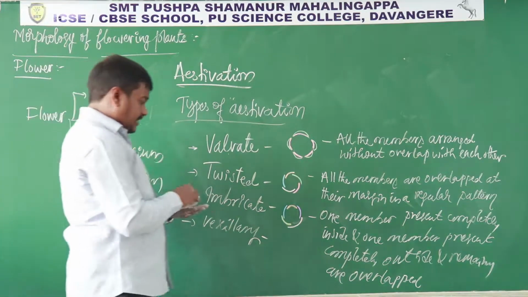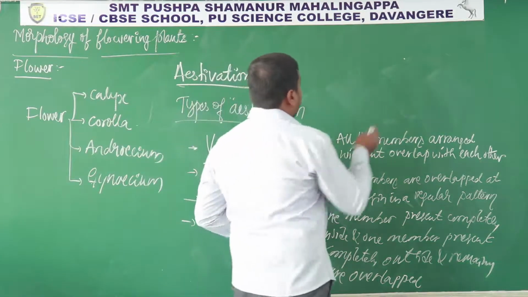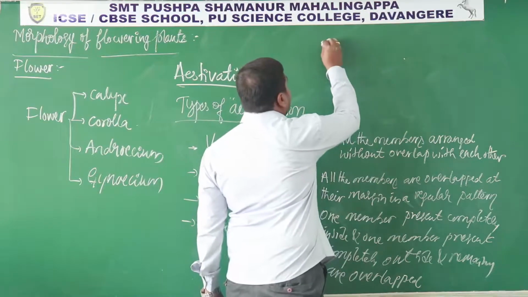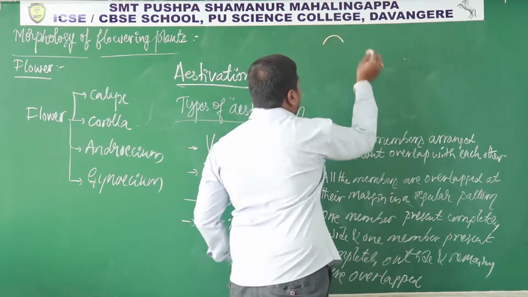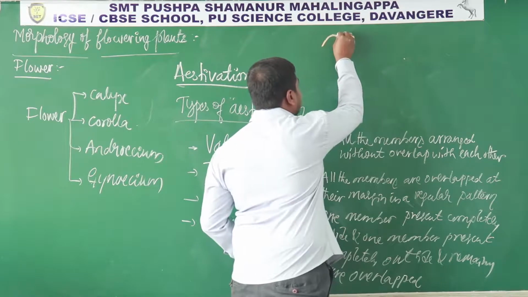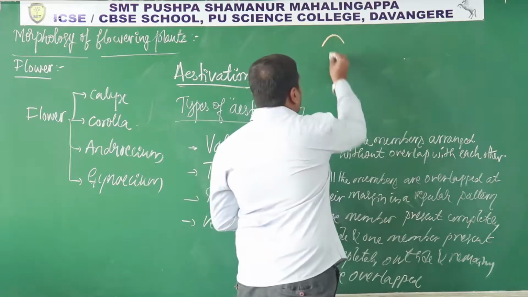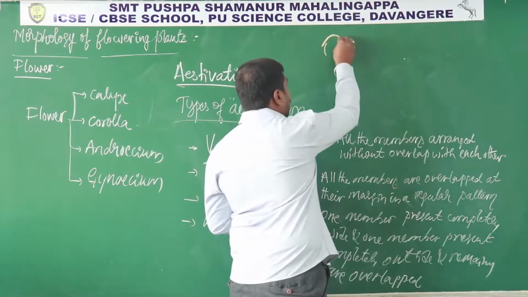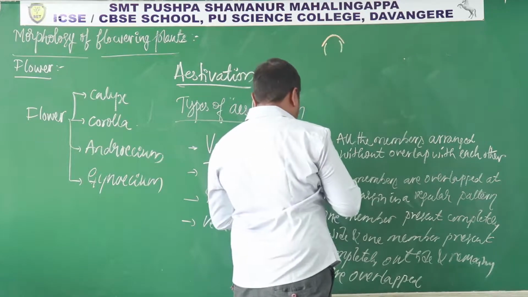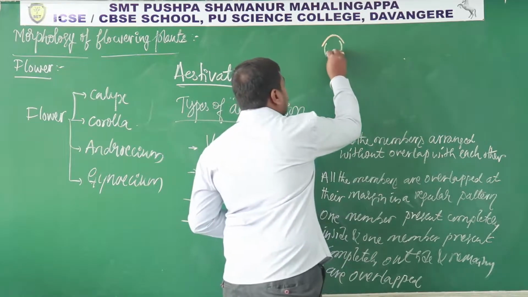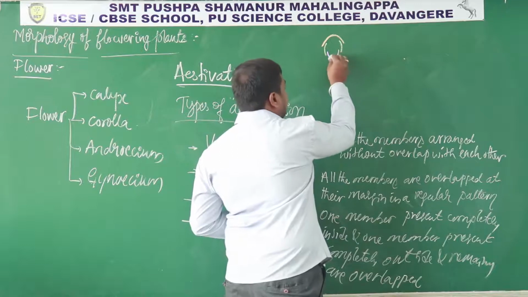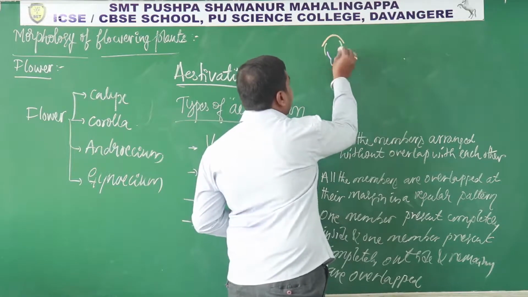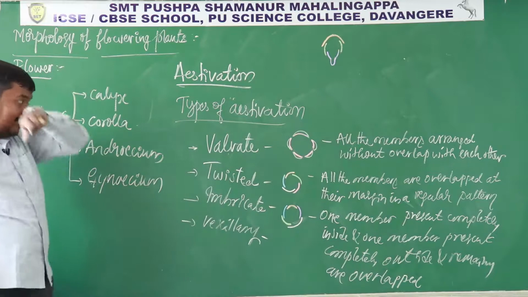Then come to vexillary. Vexillary is a very special kind of estivation where one petal is very large, two small petals are overlapped by that large petal, and inside, two petals are again overlapped and fused together. We also call this descending imbricate.